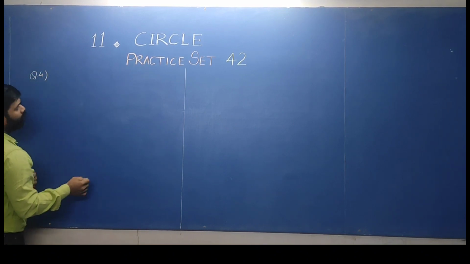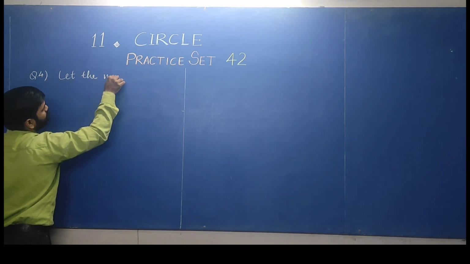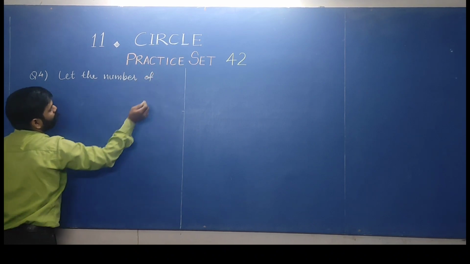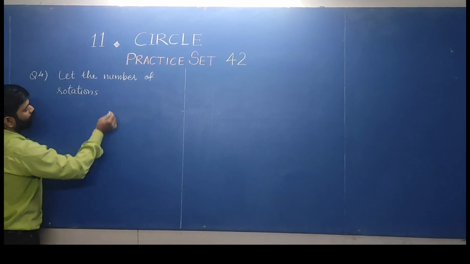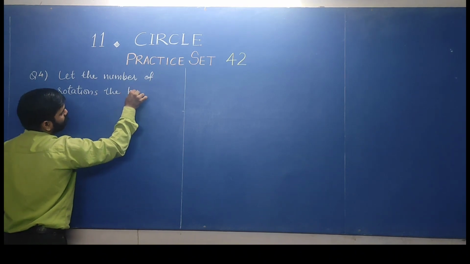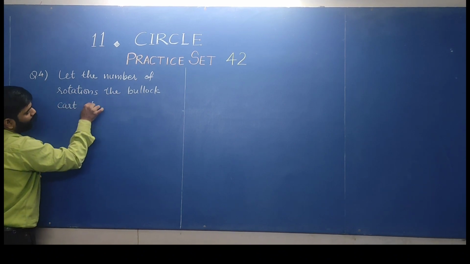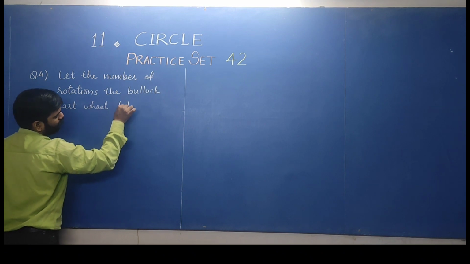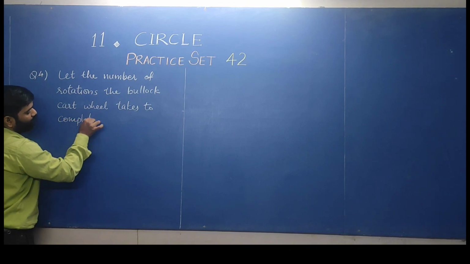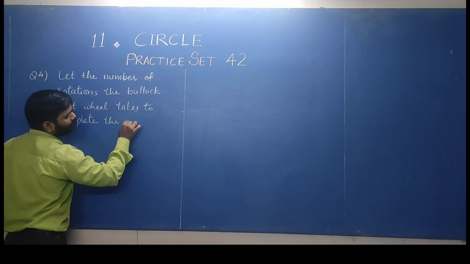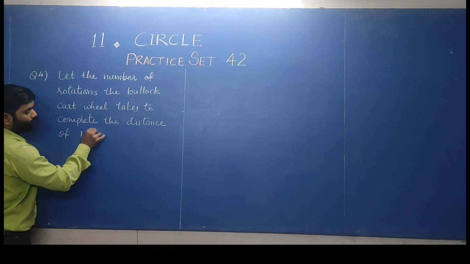Question number 4. So let x be the number of rotations the bullock cart wheel takes to complete the distance of 1.1 kilometer.